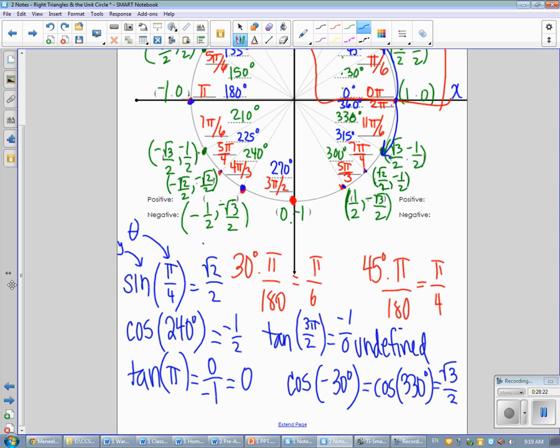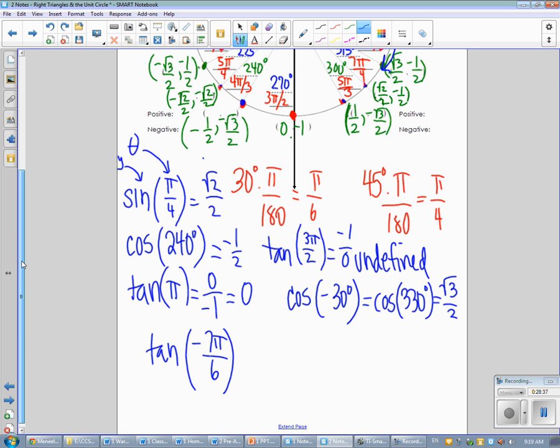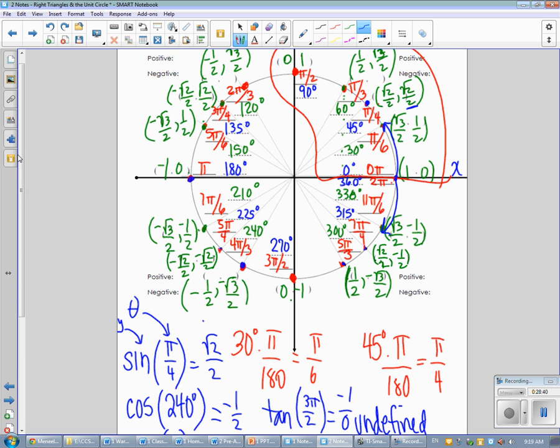Suppose I wanted to find the tangent of -7 pi over 6. Okay, so let's think about what a +7 pi over 6 looks like. A +7 pi over 6 is going to take me all the way around the circle and then down one little piece. So if I'm going to go in the negative direction, I'm going to go the other way, halfway, and then one little piece.